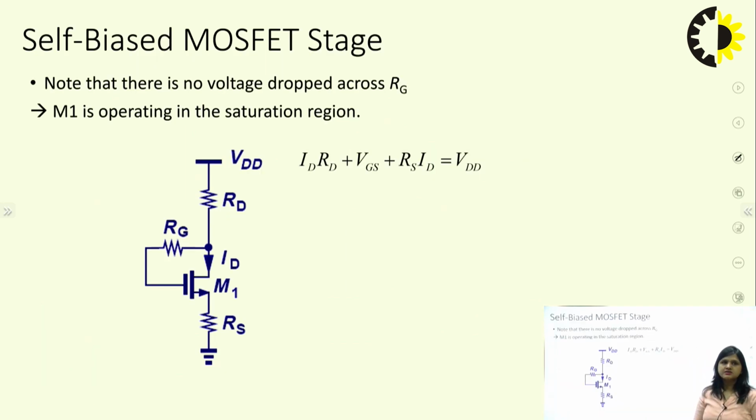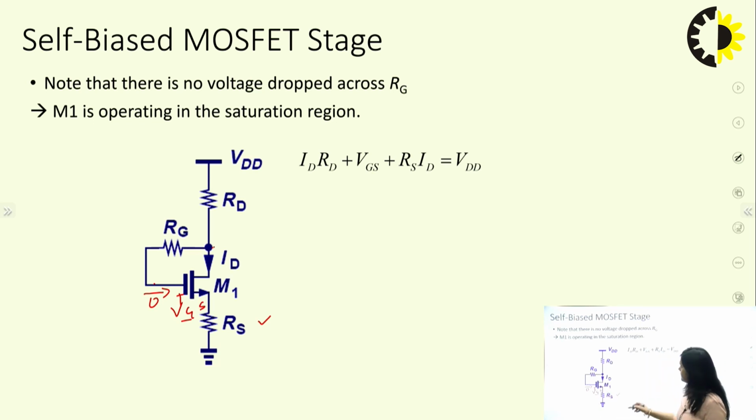The next biasing technique is the self bias or source biasing, because here we have added a resistor RS, and we have also added an RG resistor at the gate terminal. But here you can see that the current in RG is 0. So overall, the voltage at this node equals the voltage at this node, and this is the voltage VGS.